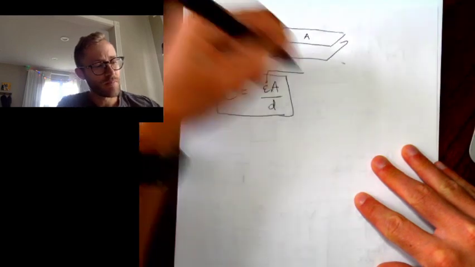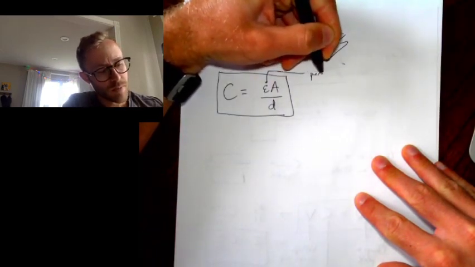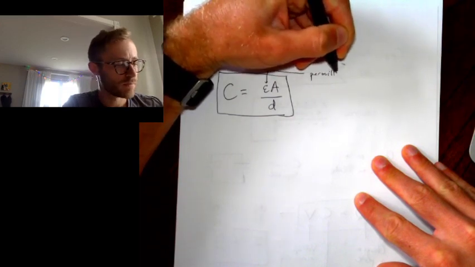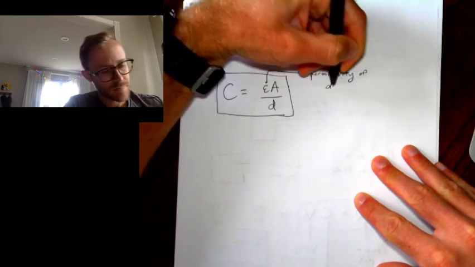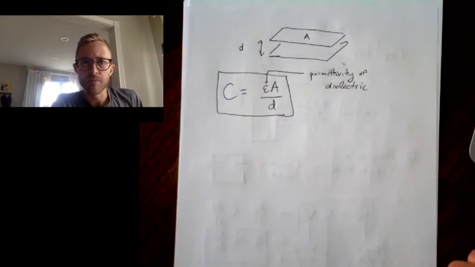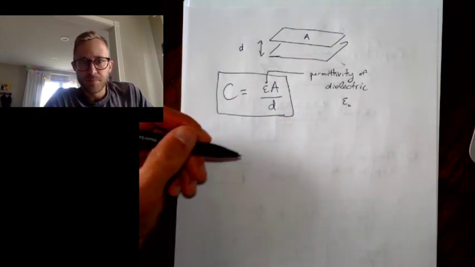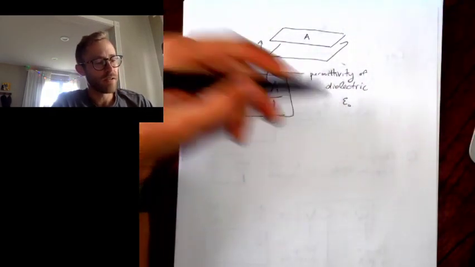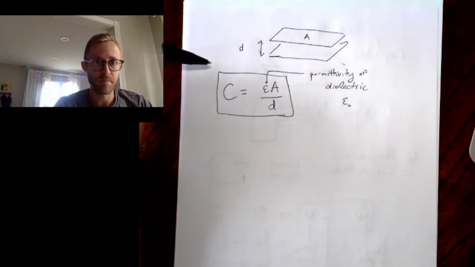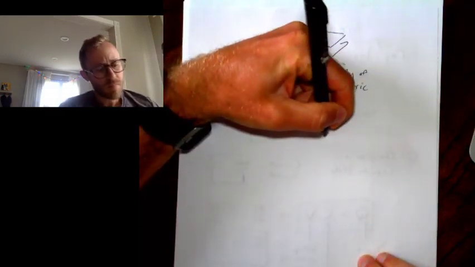Epsilon is the permittivity of the dielectric. So if it's not free space between the capacitor plates, then epsilon is not going to be equal to epsilon naught.